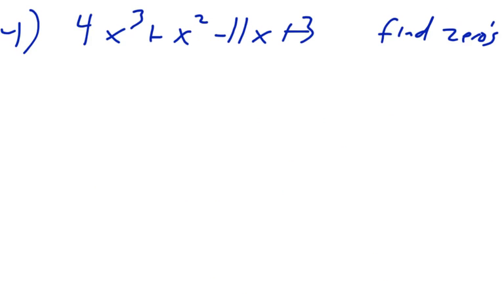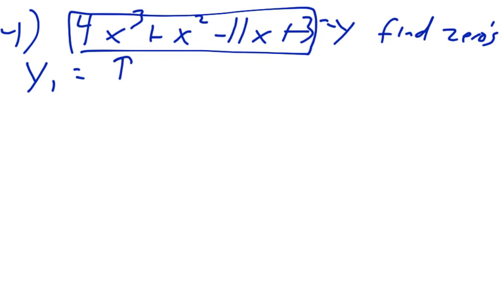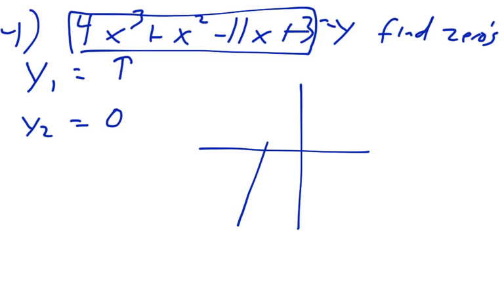We're asked to find the zeros of this particular equation for y. So y1 equals that up there, and I put y2 equals 0, and it looks like this.